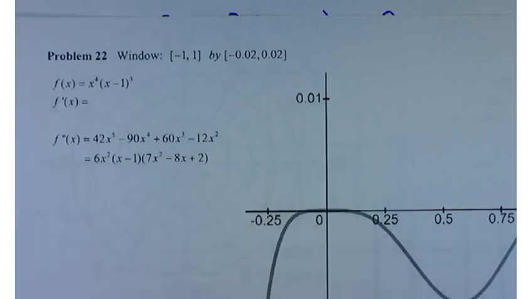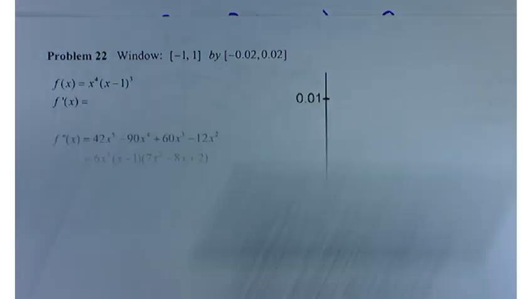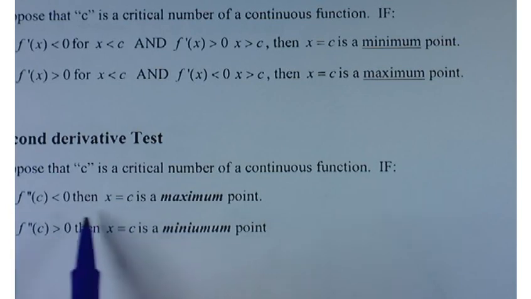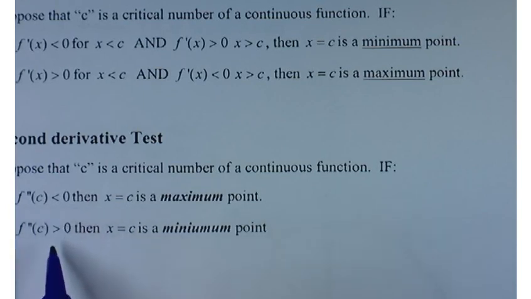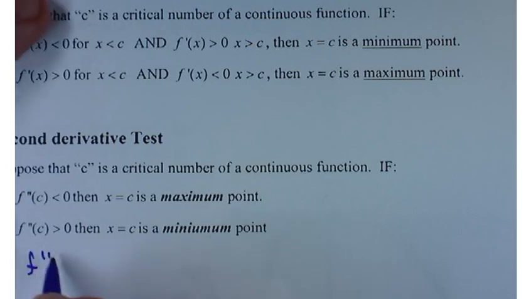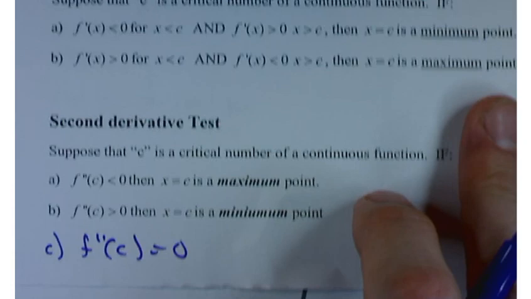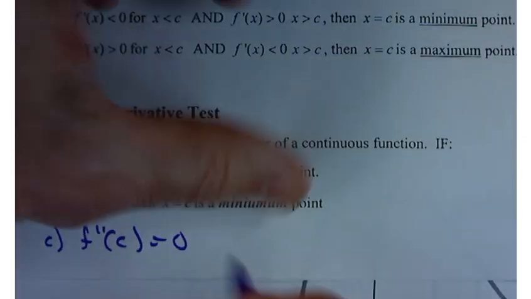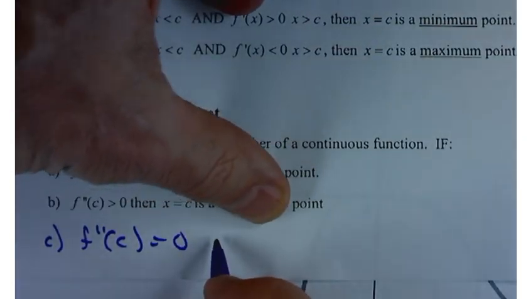And according to the second derivative test, if you have a critical point and the second derivative is greater than 0, then it's a minimum. If it's less than 0, it's a maximum. But what it doesn't say is what if f double prime of c equals 0.